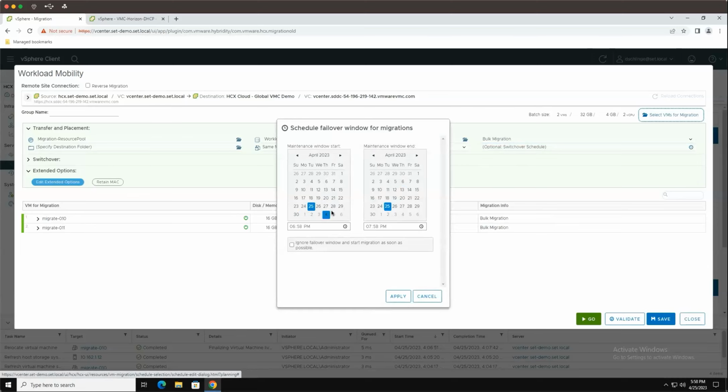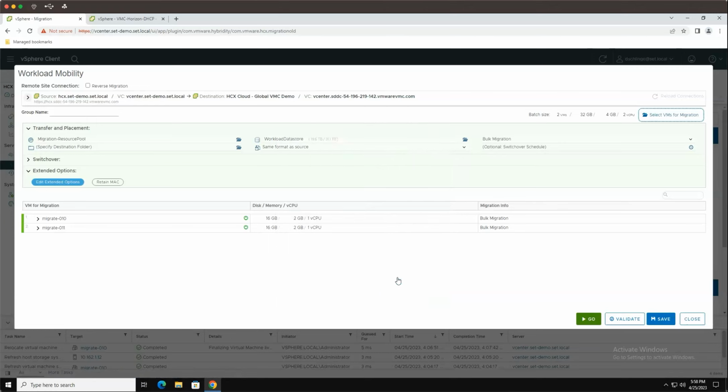I want to start and end with this window. And on the 28th of April, the workload should be switched off on my on-prem data center and synced to my VMC data center. This will also result in downtime, yes, because virtual machines will be started up again. But with the scheduled option here, it's a pretty nice use case.